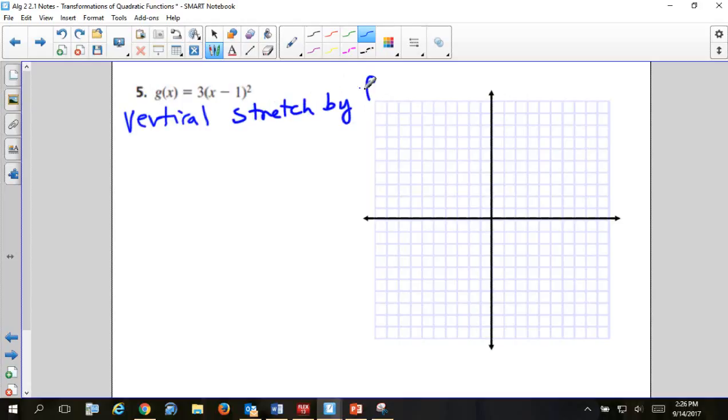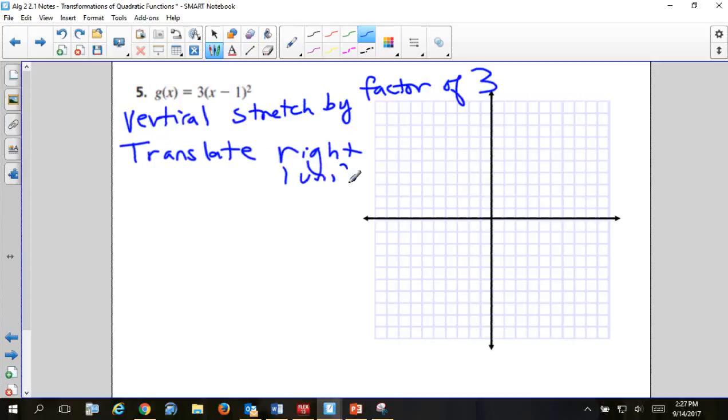By factor of, it's vertical, so nothing changes, so factor of 3. And then we also have a minus 1, and the minus 1's inside the parentheses, so where's that going to go? That one's horizontal, so it's going to translate opposite, so it's going to translate to the right. One unit.